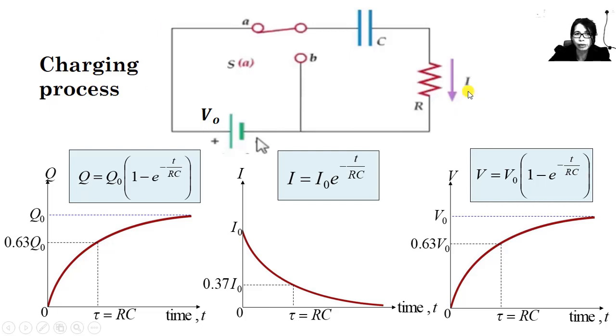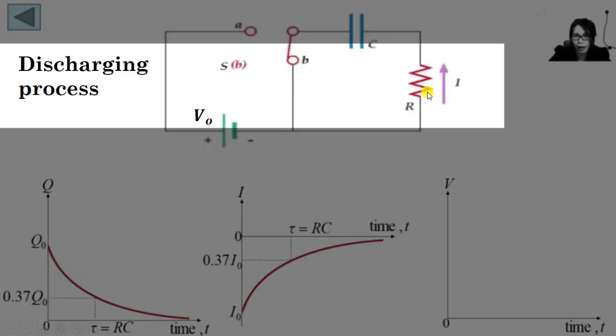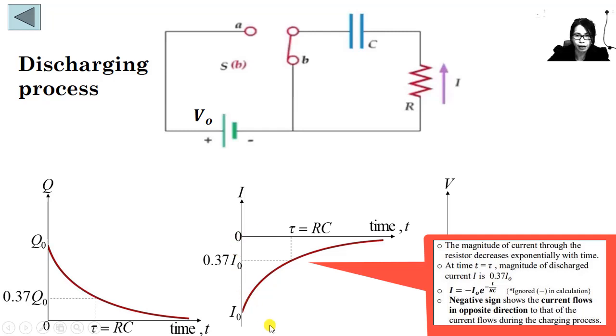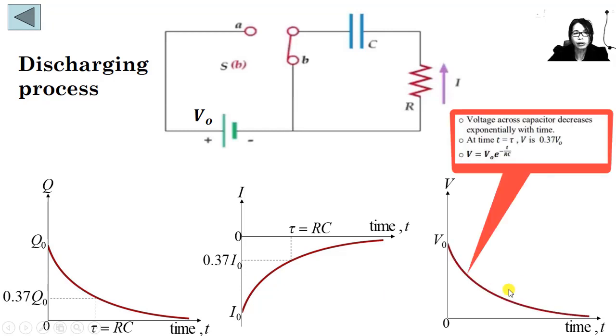This is the direction of current during charging, and this is the direction during discharging. It's opposite, right? That's why we plot it on the negative part of the graph.